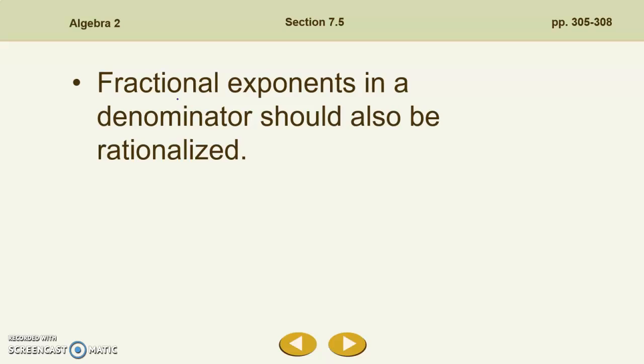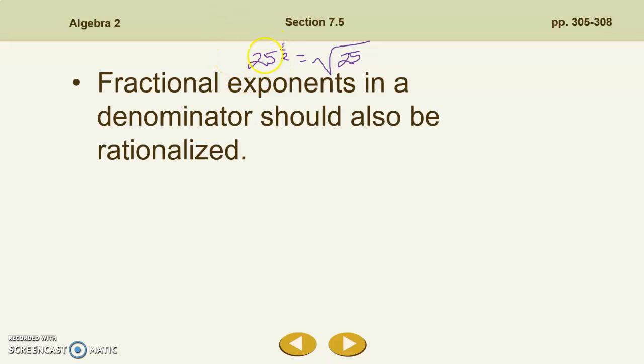And we don't want to have any radical expressions in the denominator. Well, remember that fractional exponents are just another way to write radicals. For example, 25 to the 1/2 power is the same thing as the square root of 25. So a fractional exponent is just like a radical, just a different way to write it. So it's going to follow those same rules as well.